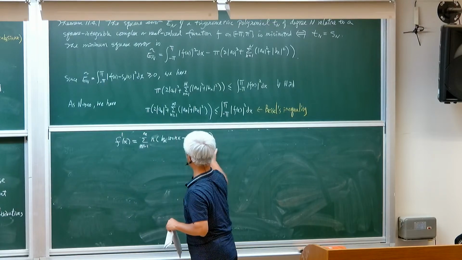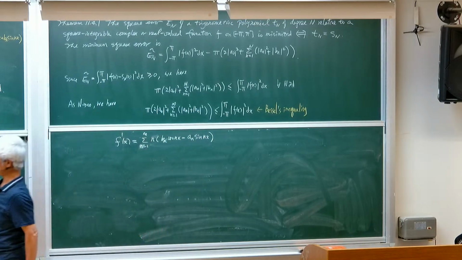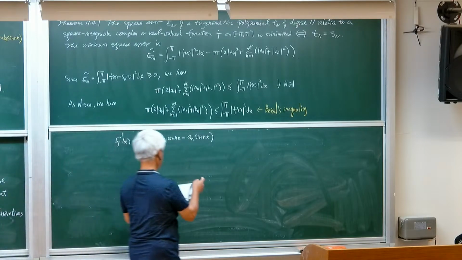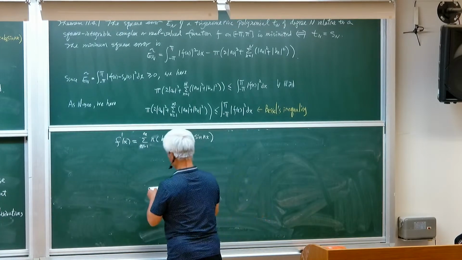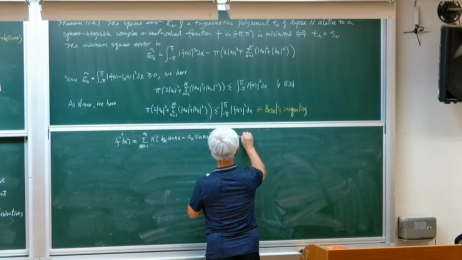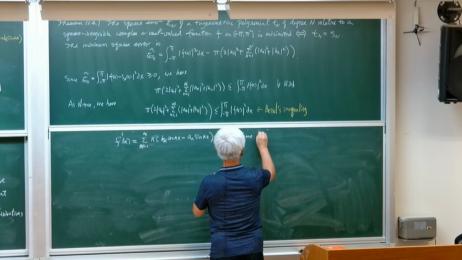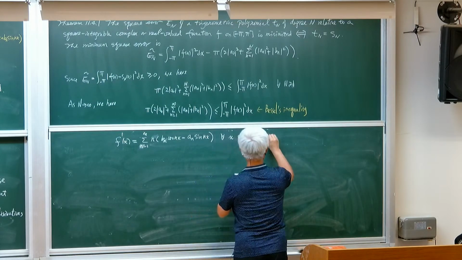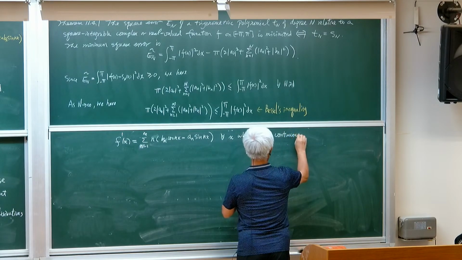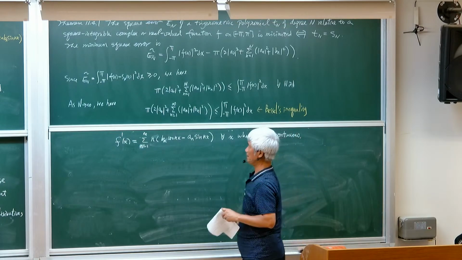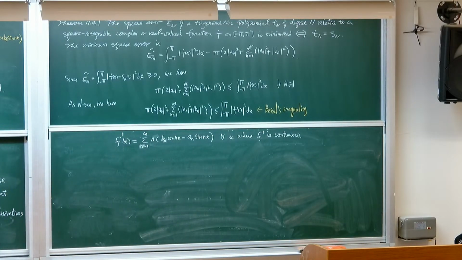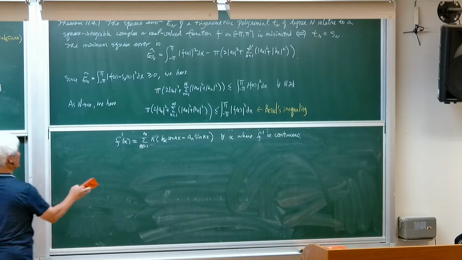This is just the derivative of the nth term here. We have this for all x where f prime is continuous.